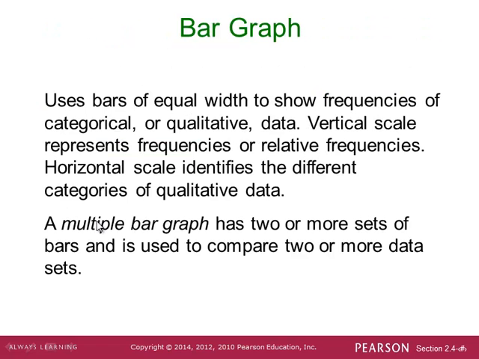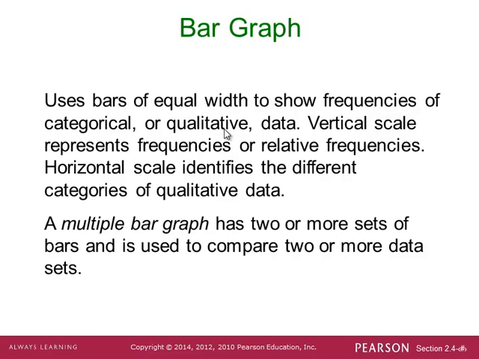All right, moving along here. Bar graph uses bars of equal width to show frequencies of categorical or qualitative data. Let me just stomp my foot on that one. Remind you, this is for categorical and qualitative data versus histograms, which are typically for the quantitative data. Bar graphs are for qualitative data.